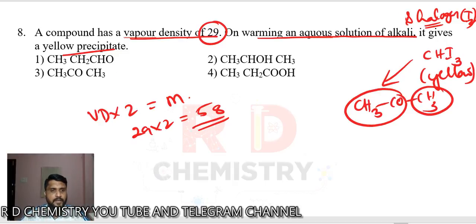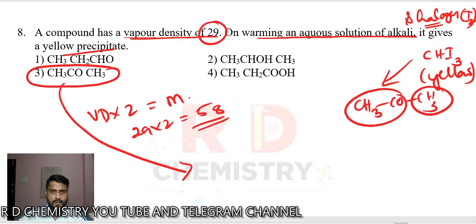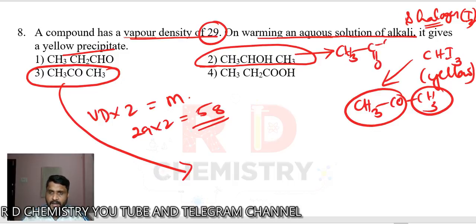Now, let us check option number 3 on a trial and error basis. But we should also know, which is now not in the syllabus, that alcohols of this structure can answer the iodoform reaction because the iodoform reagent is an oxidizing agent. This is a secondary alcohol. Secondary alcohol can be oxidized to give CH3, CO and CH3.